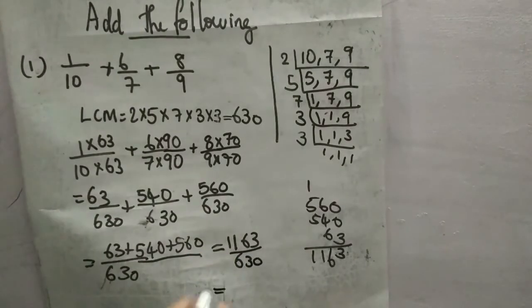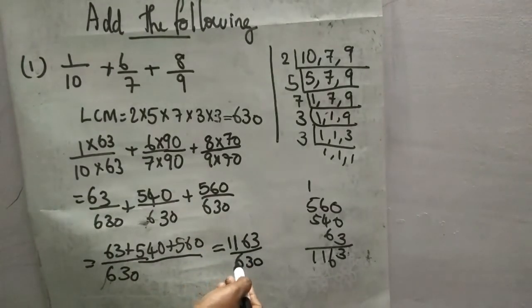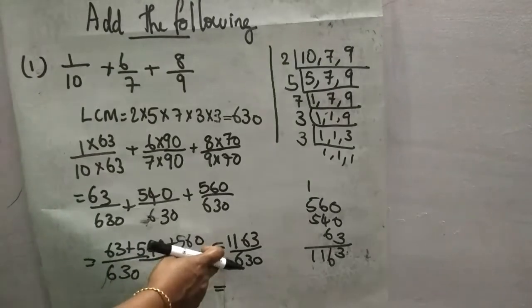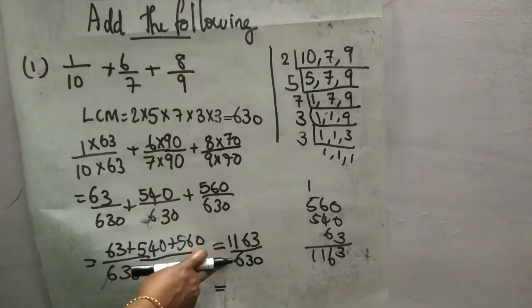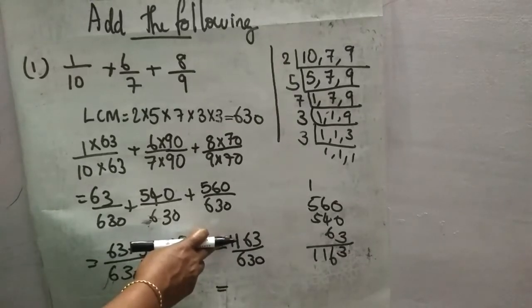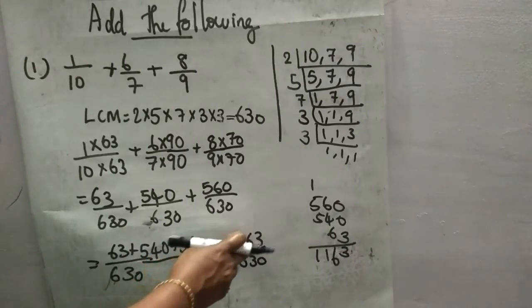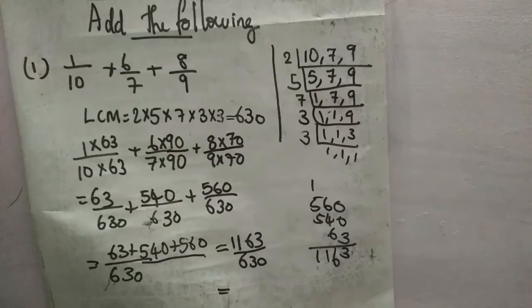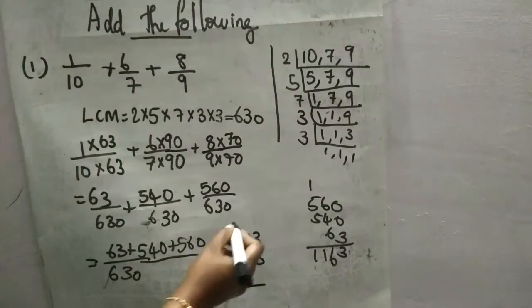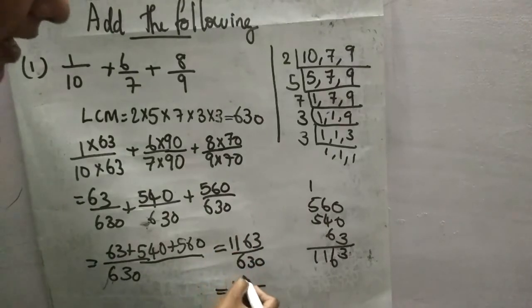Here it is an improper fraction. So, what will you do? Divide this improper fraction and change it into a mixed fraction. Look here. In 1163, how many times will 630 go? Yes, one time. Only one time will go. And then you get the remainder.